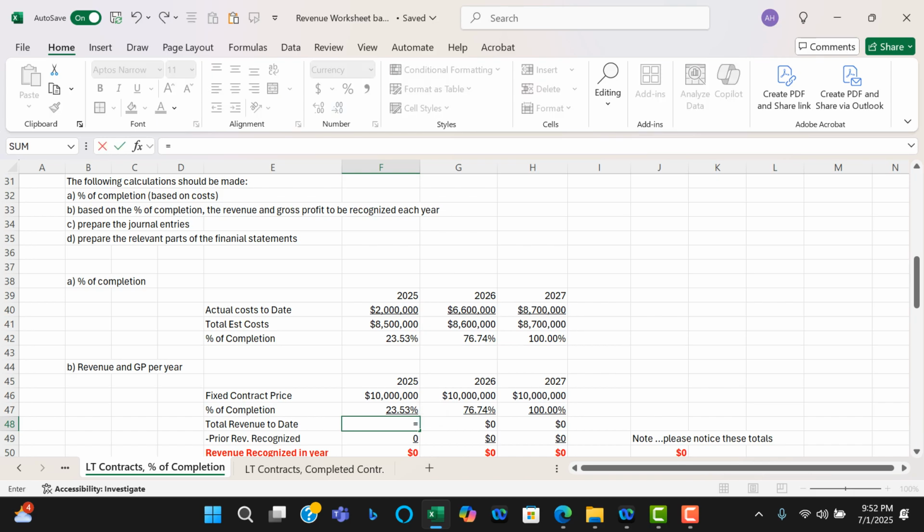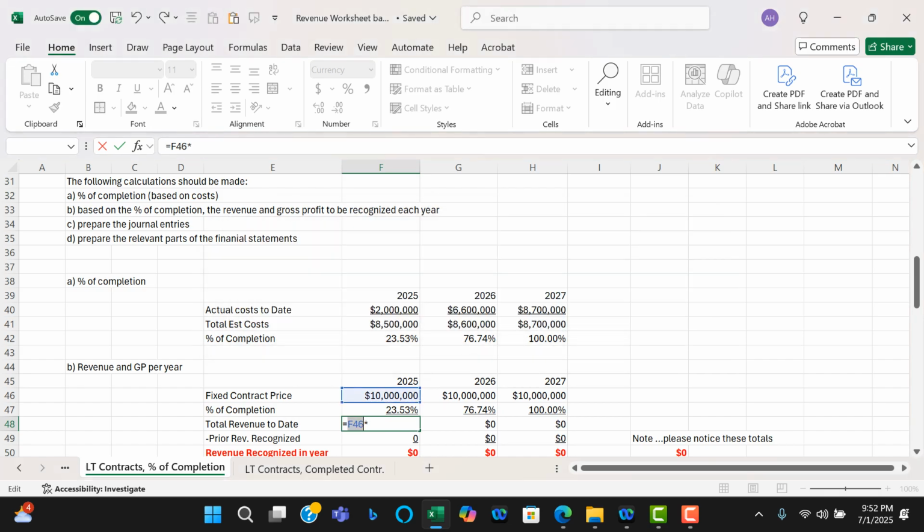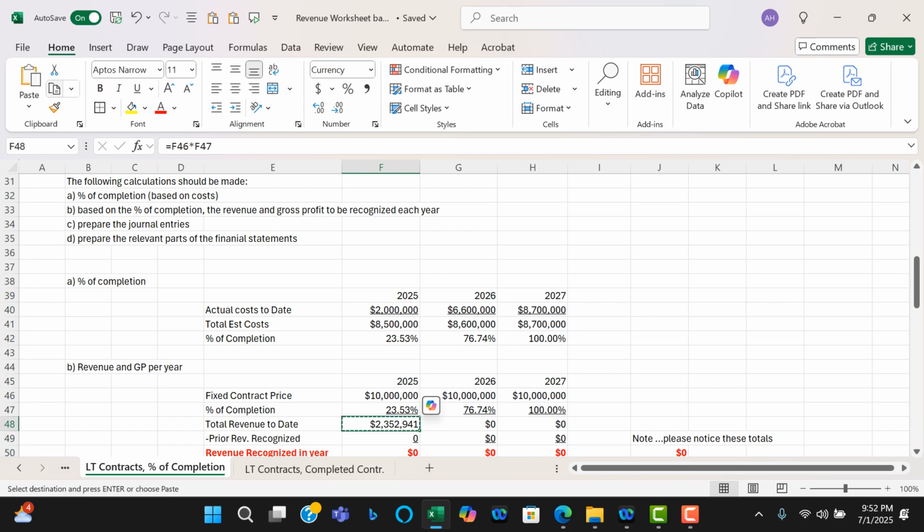So we've got 10 million times 24% more or less. So 2,352,000. Move it over. And we recognize those amounts. And of course, at the end of the contract, we will have recognized a $10 million total.